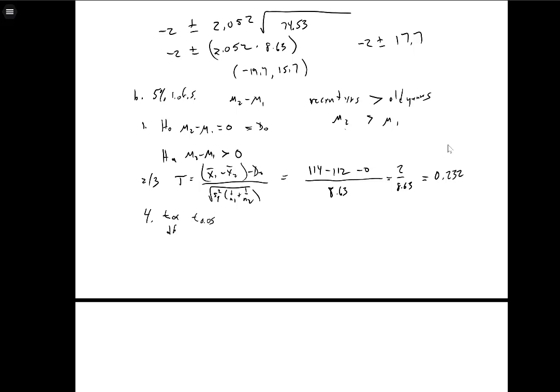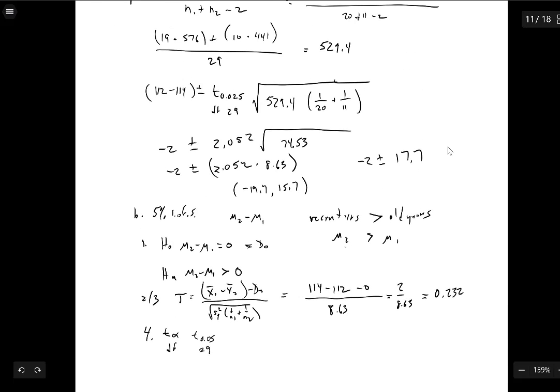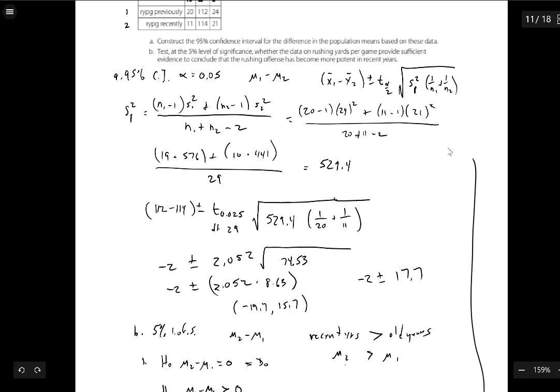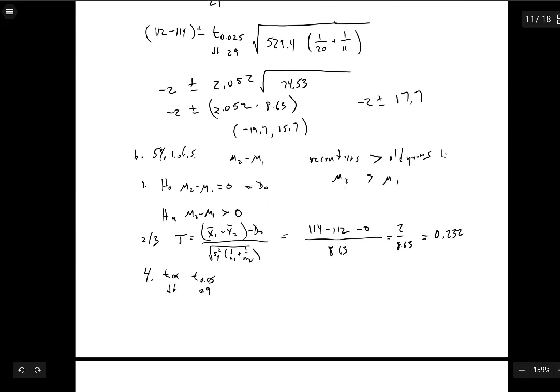Degrees of freedom was this same value up here. Let me scroll back up a little further. That in there gives us the 29. Again, let's delete all that stuff off of there and scroll back down. So 29. If we look in our table at t for 0.05 at degrees of freedom 29, we have 1.699. So the rejection zone is 1.699 to infinity.